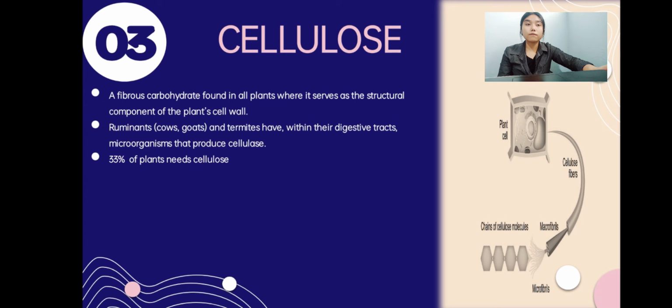Cellulose is made up of thousands of glucose molecules attached together to form a chain. The tensile strength of cellulose makes it a very useful organic molecule. Moreover, cellulose is another polymer of glucose consisting of anywhere from hundreds to over 10,000 monomers. Roughly 33% of all plant matter is cellulose.